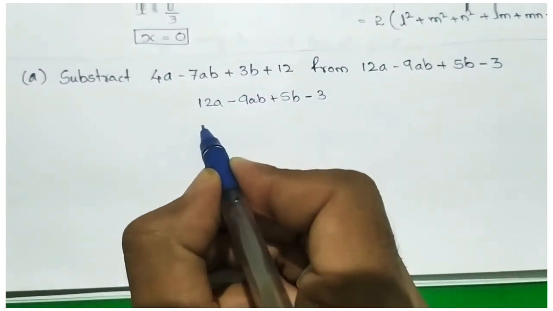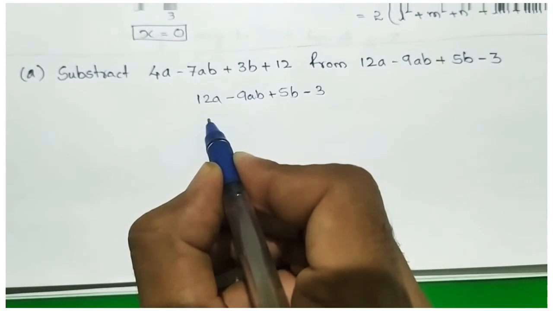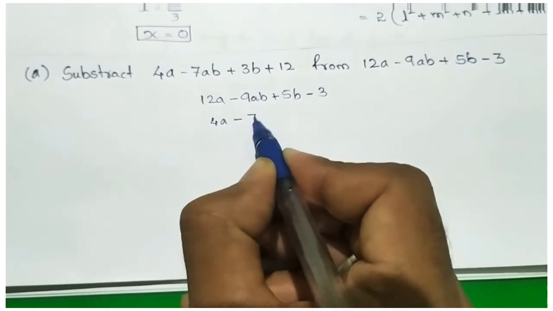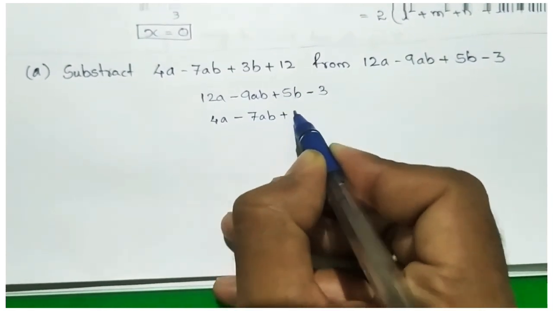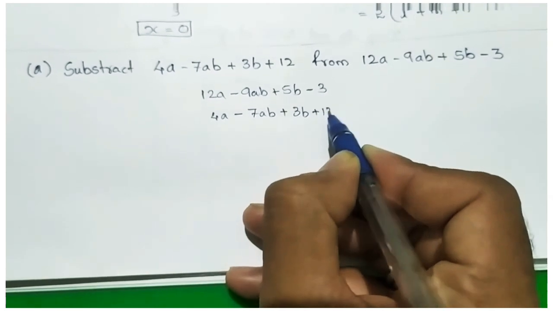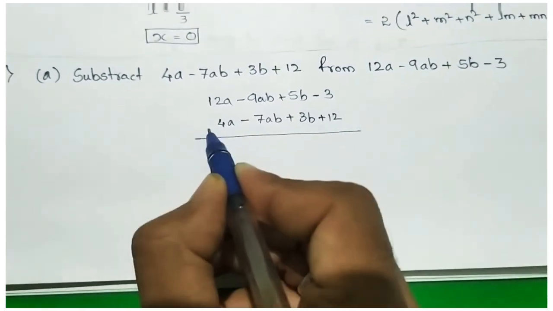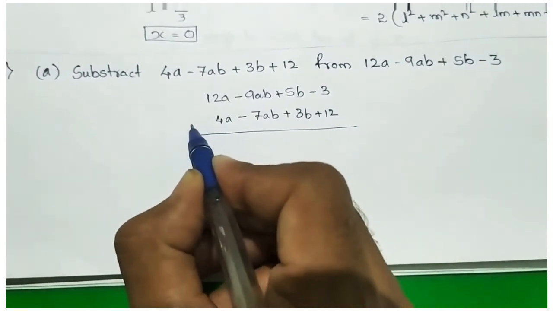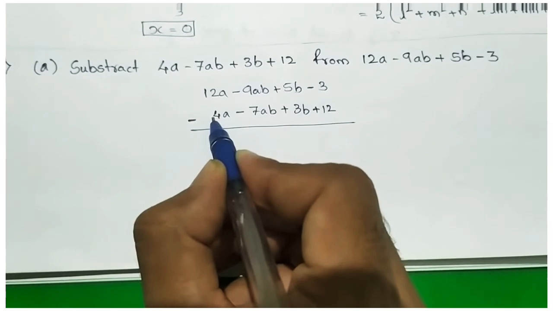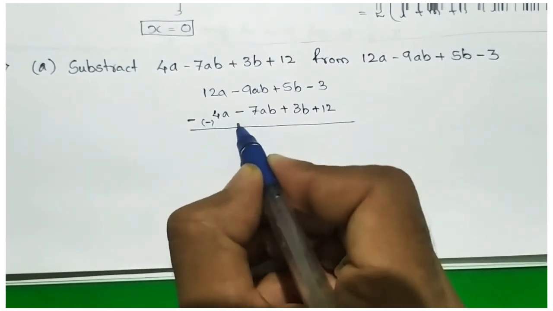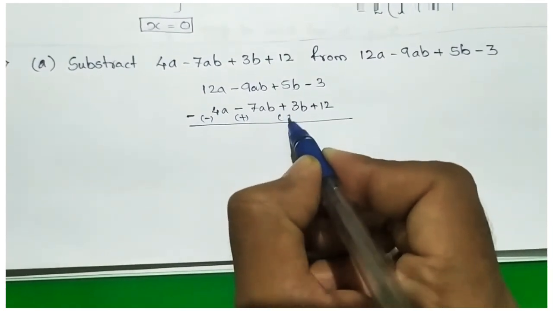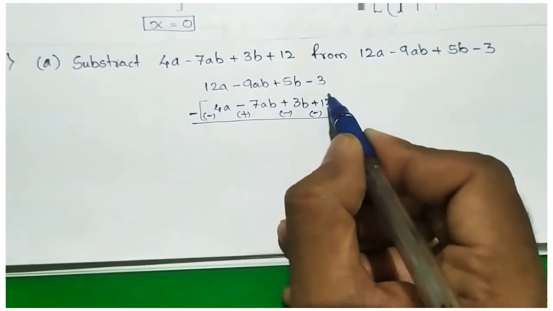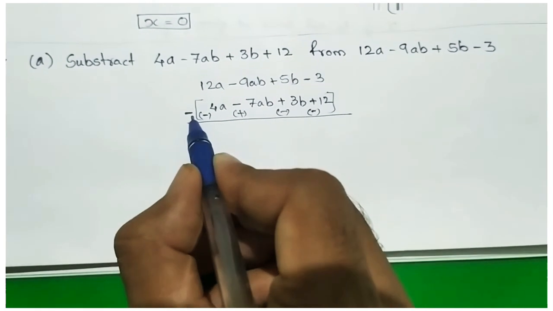At the bottom you write the expression which you are subtracting: 4a, so I am writing it below the like term only, minus 7ab plus 3b plus 12. Subtracting means the whole expression is getting subtracted, so automatically its signs will change. If it is plus, it becomes minus; minus becomes plus; plus becomes minus; and plus becomes minus, because the whole expression is multiplied by the minus.